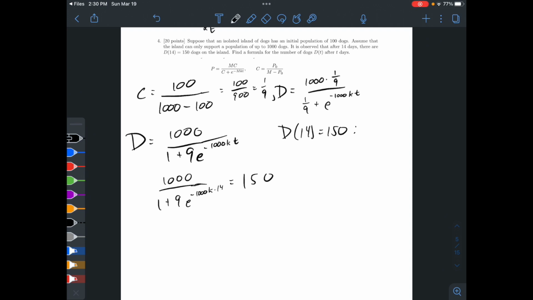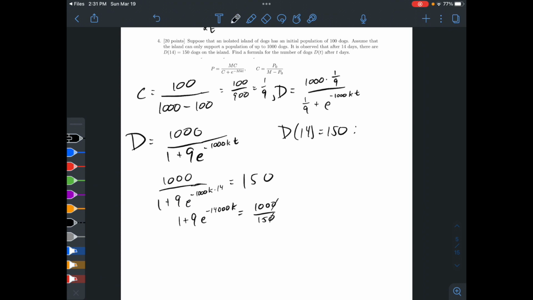And so now I'll cross multiply. I'll get 1 plus 9e to the 14 times 1,000, which is negative 14,000 k, and then we get 1,000 over 150. So I'm just multiplying this over here and then dividing this over here.